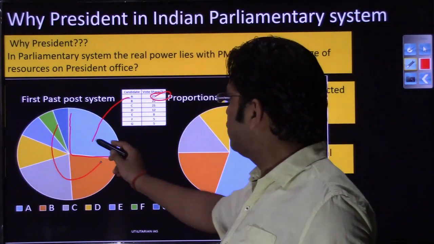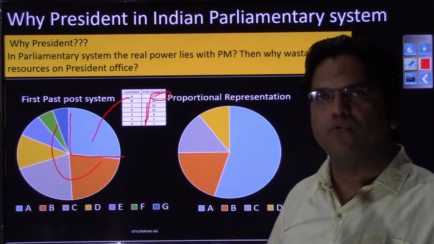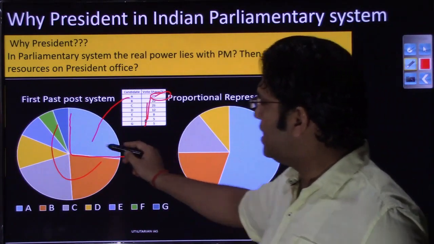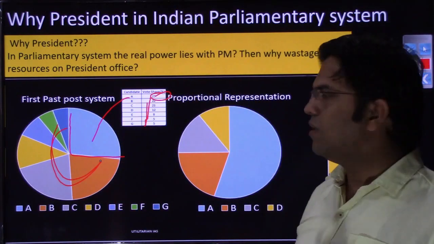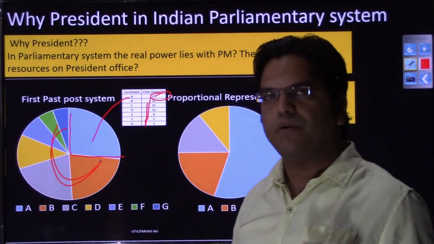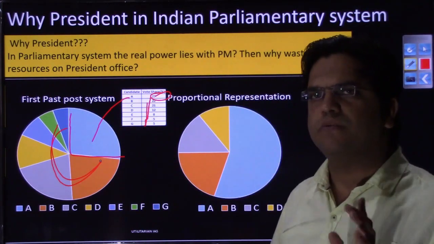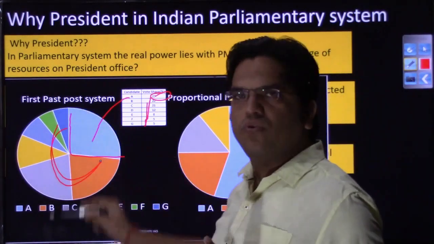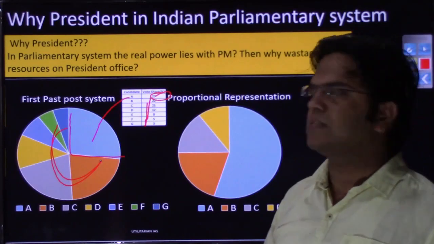In this case, 73% of the people have either not voted for him or voted against him. Just by securing 27% of the vote, he could get into parliament, or into the assembly if it is a state assembly.